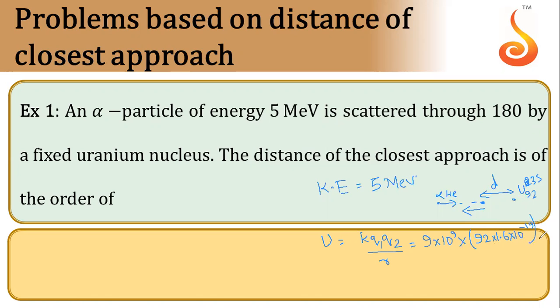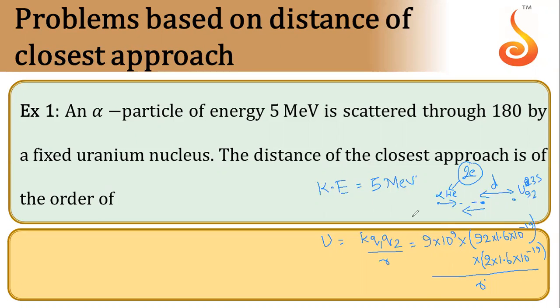So that will be the charge on the uranium nuclei. Then there is the alpha particle whose charge will be equal to 2 into e. So twice into 1.6 into 10 raised to power minus 19 divided by R. So that will give you the potential energy.